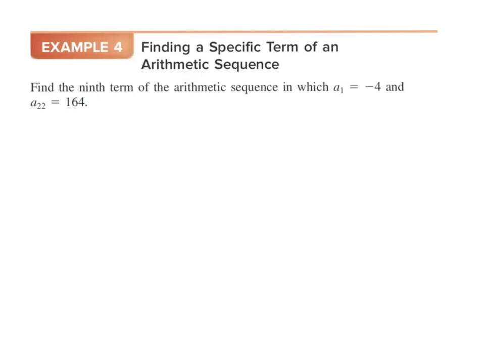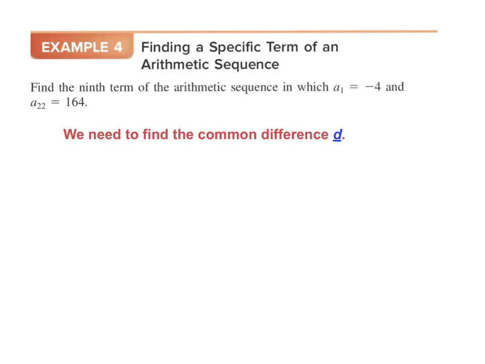We're going to use some formulas, but the thing that we don't know right now is the common difference, and we're going to be able to figure that out. So what's important is we need to find the common difference, D. If we find that, then remember our formula, a sub 1 plus n minus 1 times D. All I need is D, and we can figure this out.